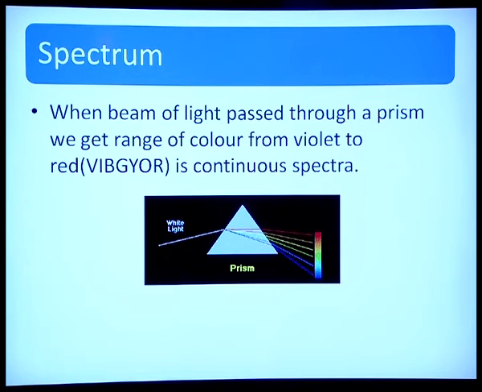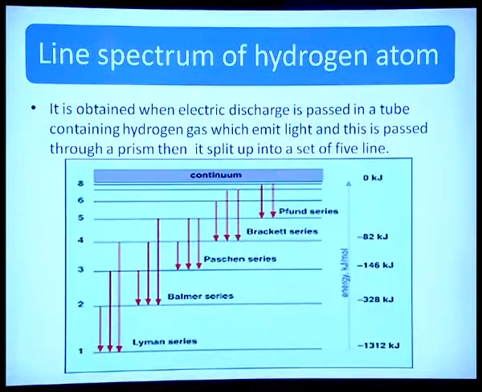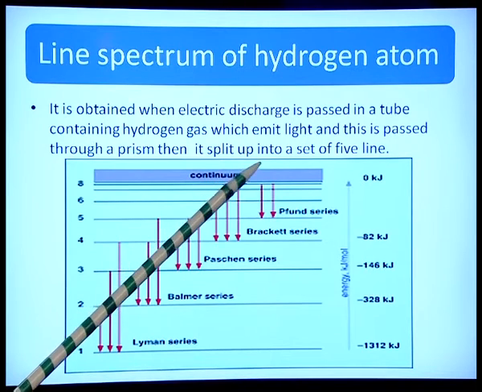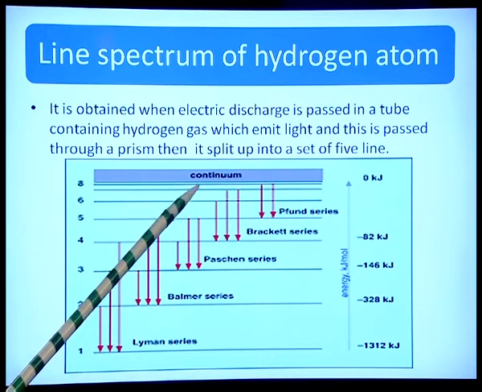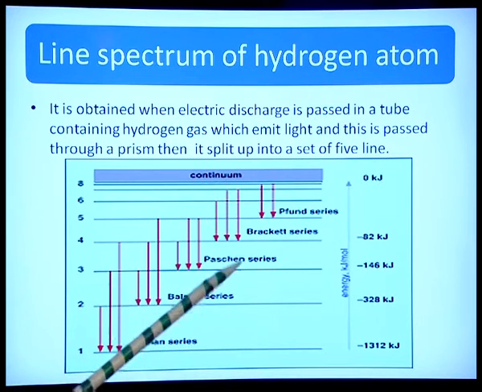We come to the next spectrum, that is the line spectrum. Here we only discuss the hydrogen atom spectrum. It is obtained when electric discharge is passed through a tube containing hydrogen gas which emits light, and this is passed through a prism. Then it splits up into a set of 5 lines.